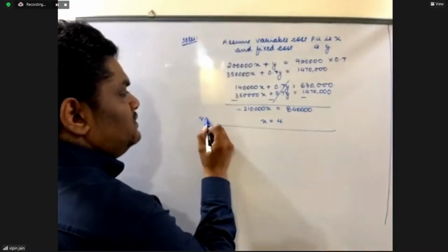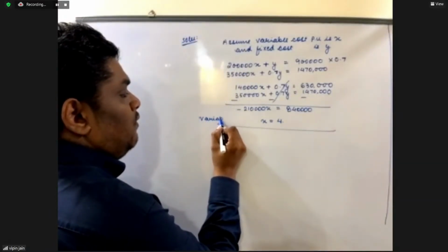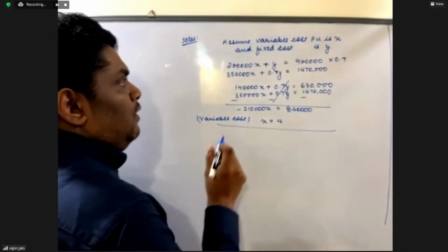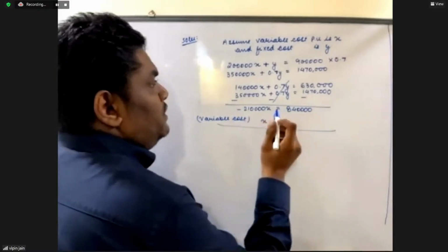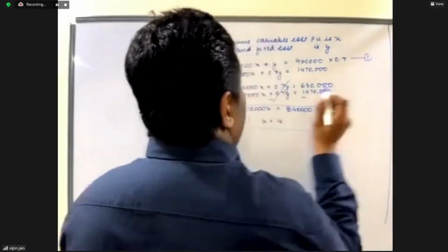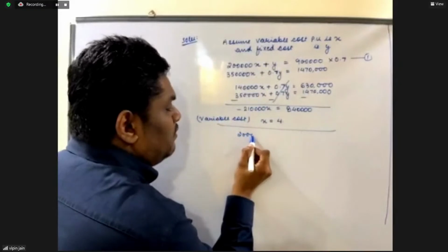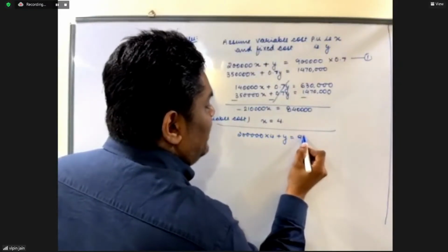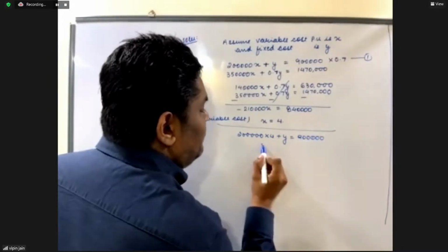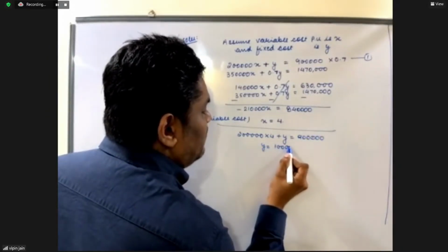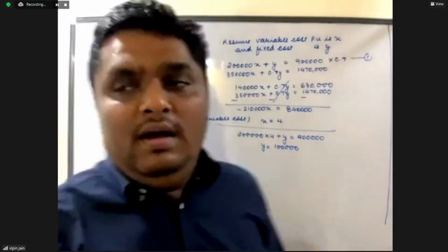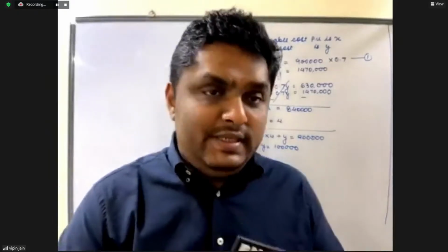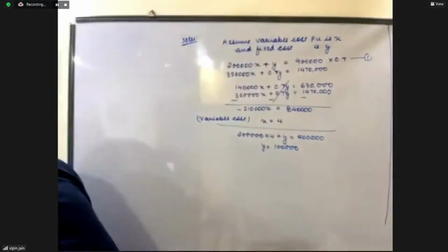That is, my variable cost is 4. So substituting in equation 1, 2 lakh into 4 plus Y is equal to 9 lakh. Therefore, the value of Y will be 1 lakh. A simple mathematics, guys. If anyone has any doubts or queries, please post your queries.